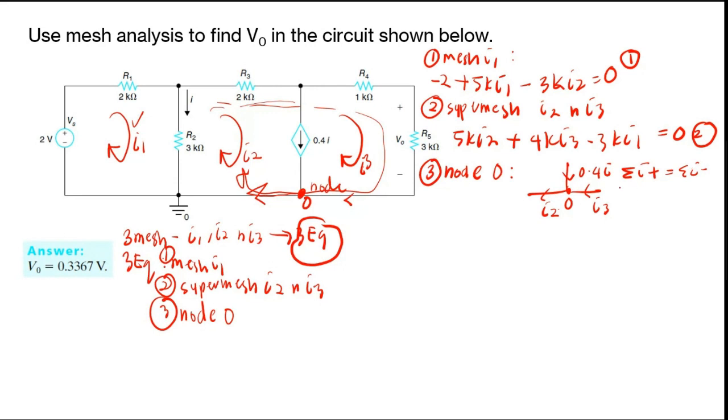So just use this KCL. What you have here is 0.5i, this is the positive current, and then negative. So you will have 0.4i plus I3 equal to I2.